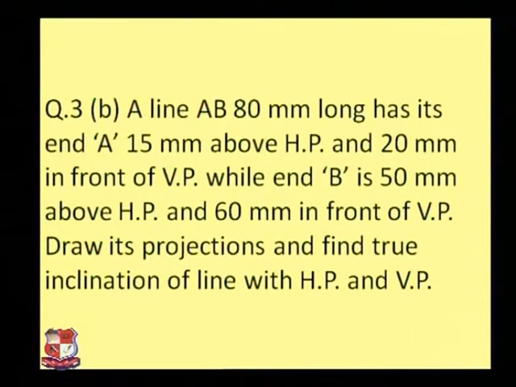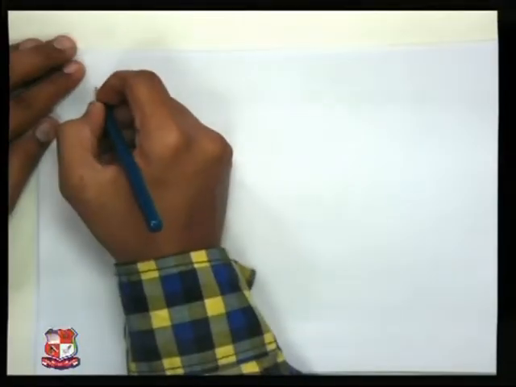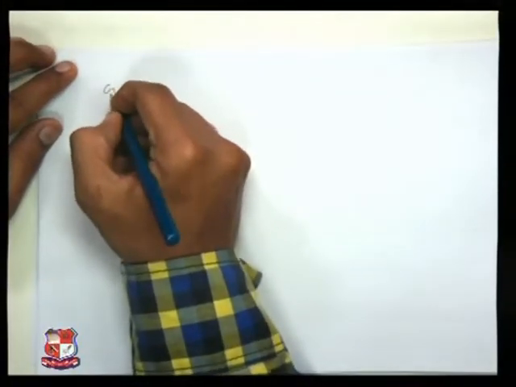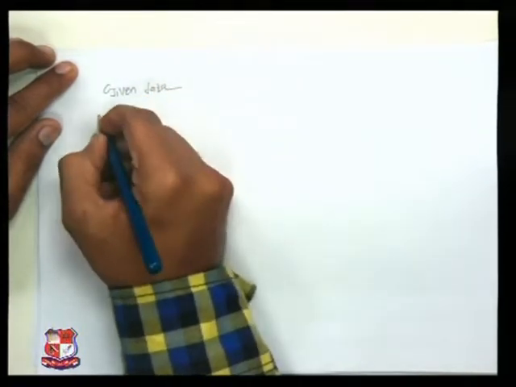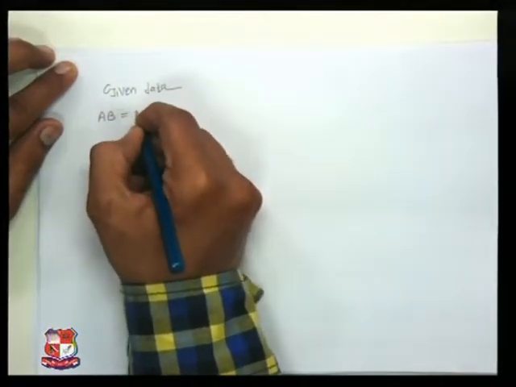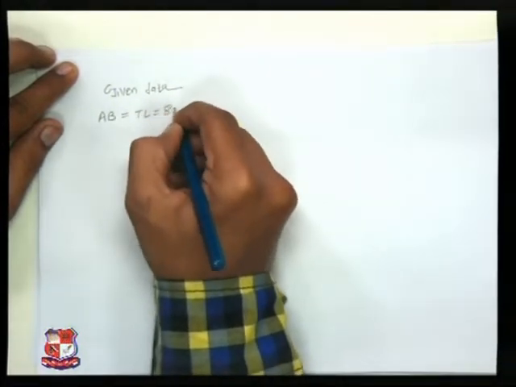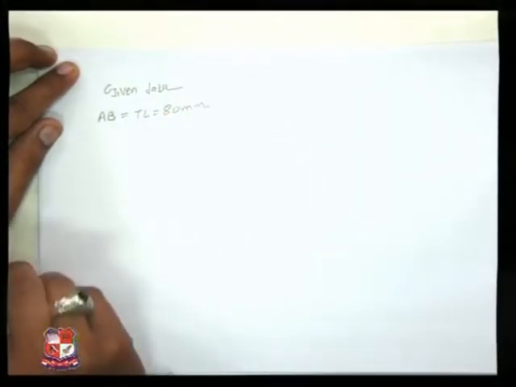First of all, we will write the given data. As in projections of line, the given data is very important. So first of all, we will write the given data. AB is equal to true length, given as 80 mm.